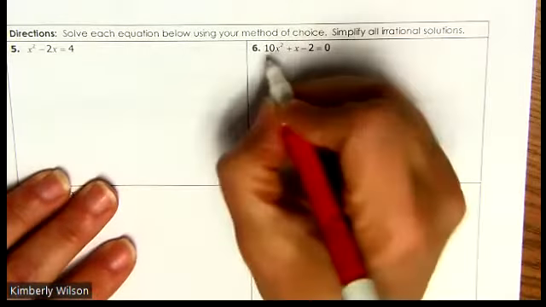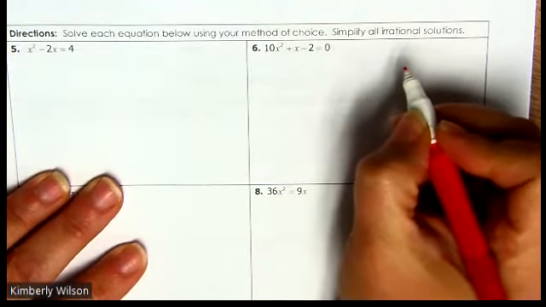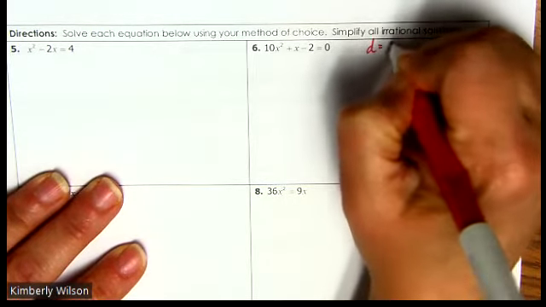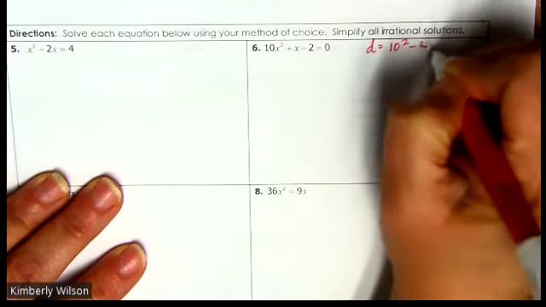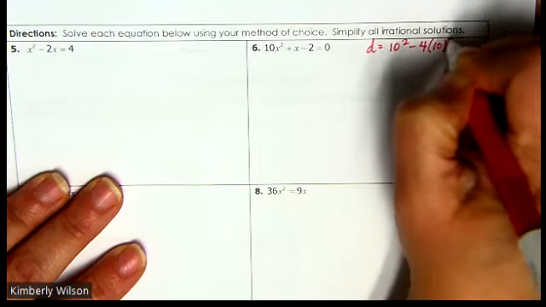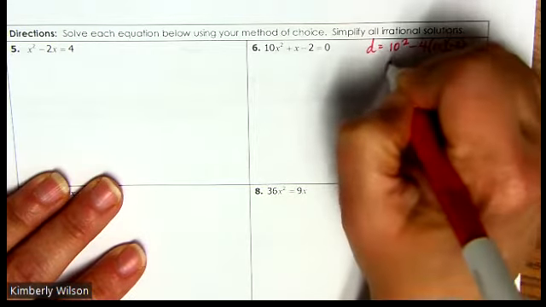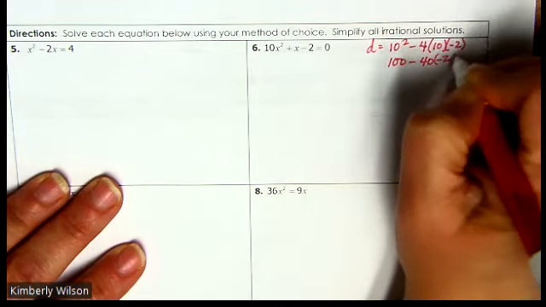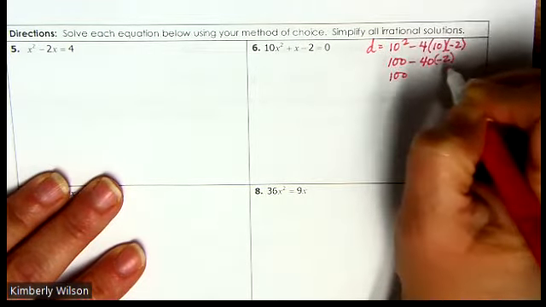When I'm looking at number 6, we're checking the discriminant first. So that's going to be 10 squared minus 4 times 10 times -2. So that's 100 minus 40 times -2. So that's 100.